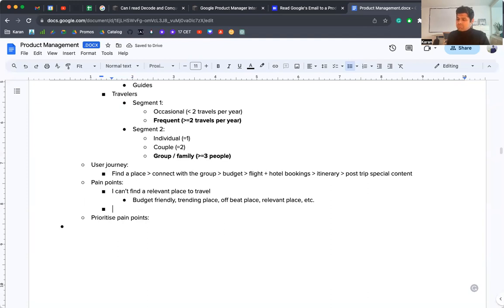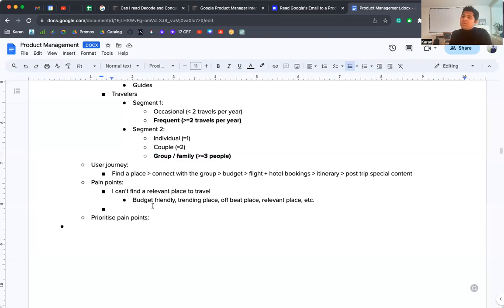Problem number two is connecting with the group. I think connecting with the group is not that big of a problem. I can still do it on Facebook, WhatsApp, but having a holistic place where I can search about travel and then also share all of the details with my friends is probably not the seamless way.